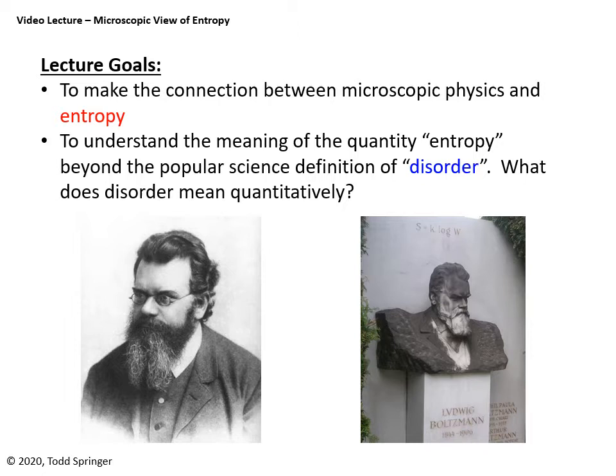In the pictures here, these are pictures of Ludwig Boltzmann. So he's one of the pioneers of statistical mechanics. The left one is a younger version of him. The right one is his tombstone, which is in Vienna, and you all should visit it.